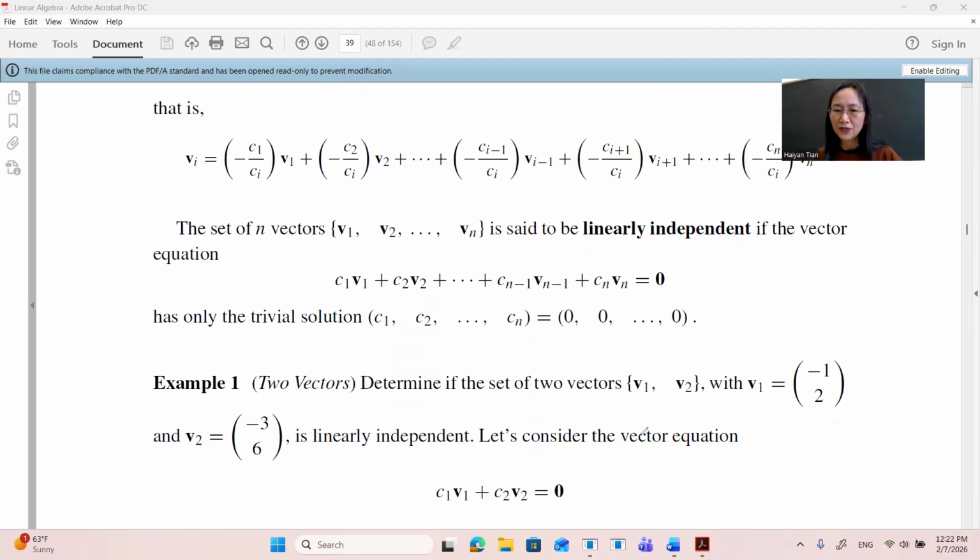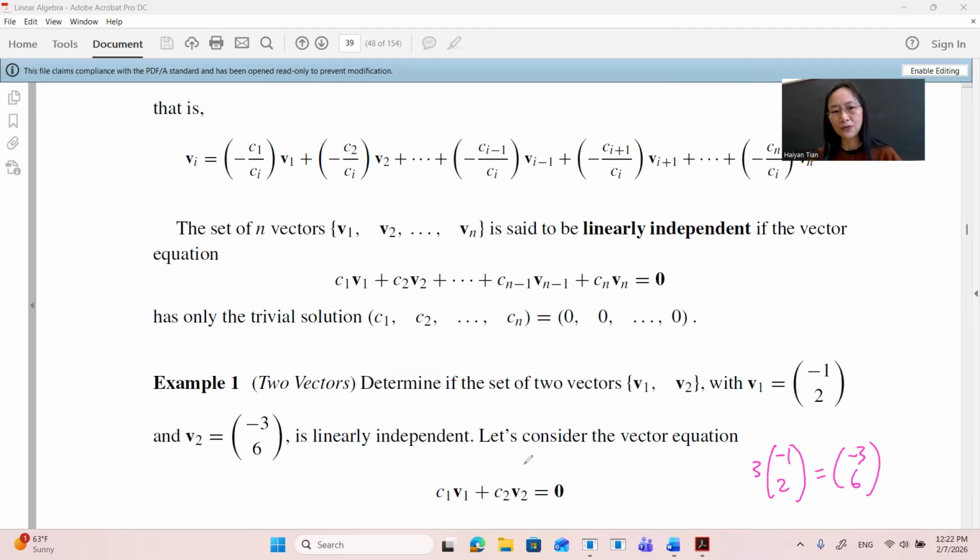As a matter of fact, probably by observation, you notice that v2 is 3 times v1, because each entry of v1 times 3 gives you v2.